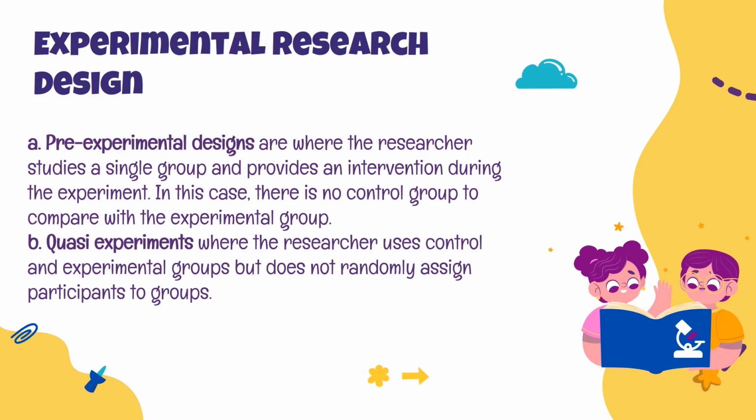In this case, there is no control group to compare with the experimental group. The second one is the quasi-experiment. Quasi-experiments are where the researcher uses control and experimental groups but does not randomly assign participants to groups.